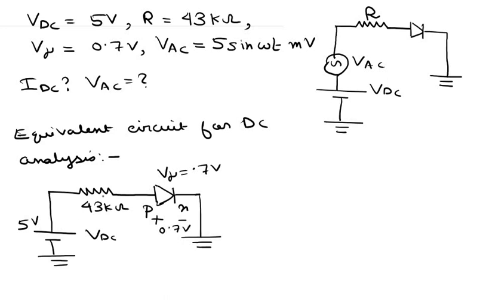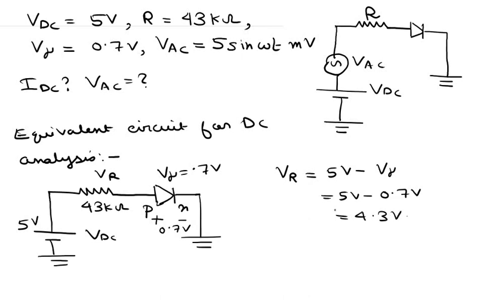Then what is the voltage drop across the resistor? The voltage drop across the resistor is VR equals 5 volts minus V gamma, which is 5 volts minus 0.7 volts, which is 4.3 volts.